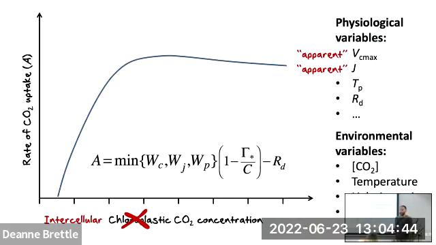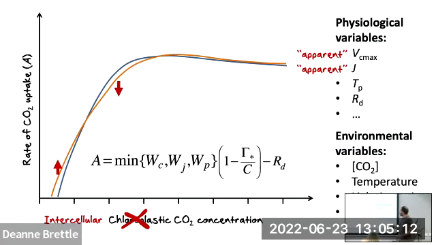That means in practice, in general, most people forget about this chloroplastic part and use the intercellular CO2 concentration as a proxy. Obviously, that causes some error, and to account for that, generally we use apparent values of those physiological variables. So not the actual true values, but apparent values. So that works on average.